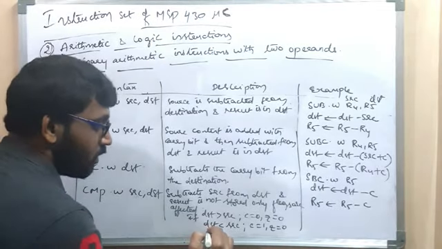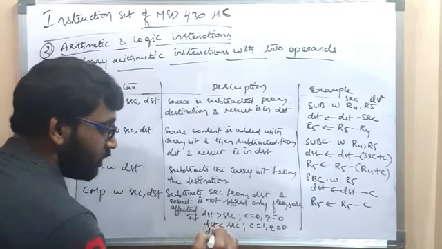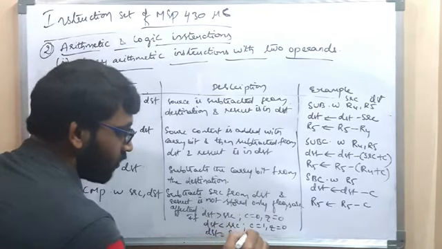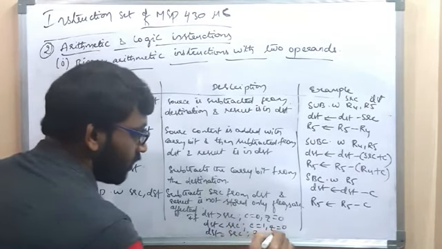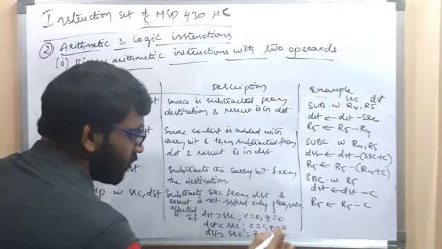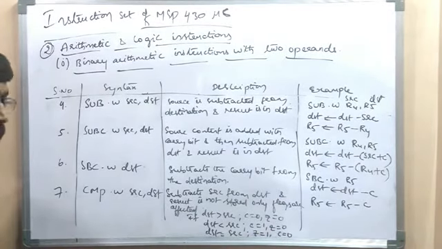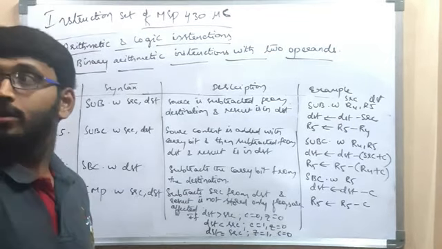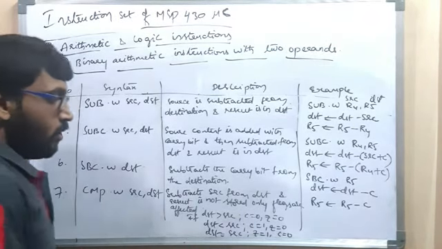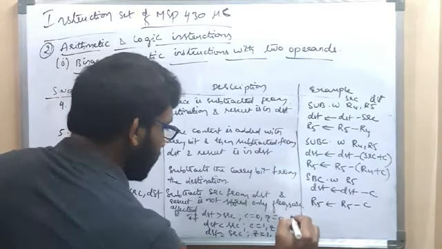Next, if destination is equal to source, zero flag is 1, carry flag is 0, right? Is it clear? Let us take the example.